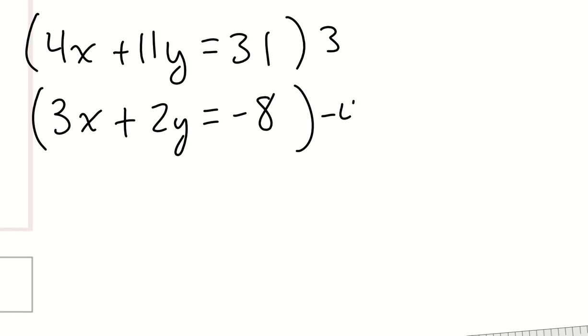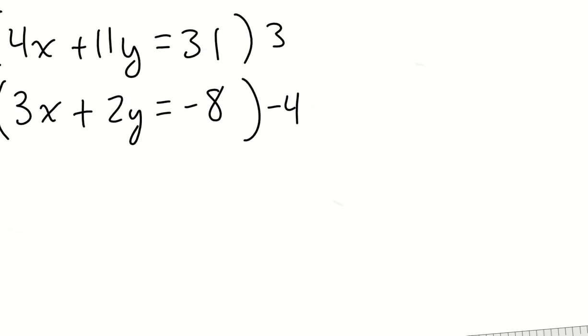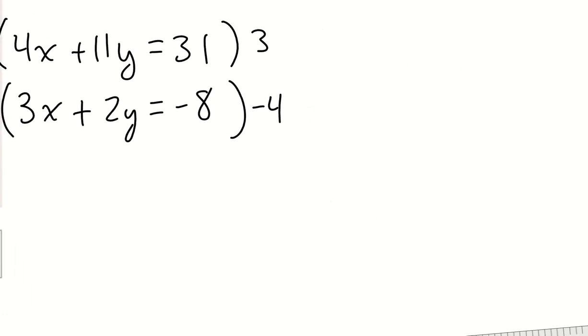Yeah, -4. That'll give me 12x on the top and -12x on the bottom, which would be fabulous because then x will go away. So this top equation, when I multiply it, I'm going to get 12x plus 33y equals 3 times 31, which is 93.